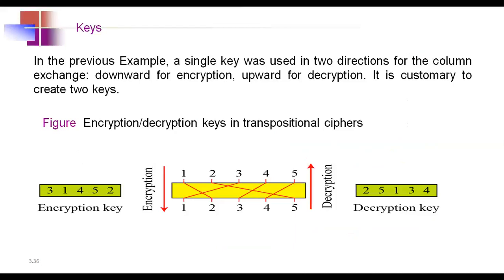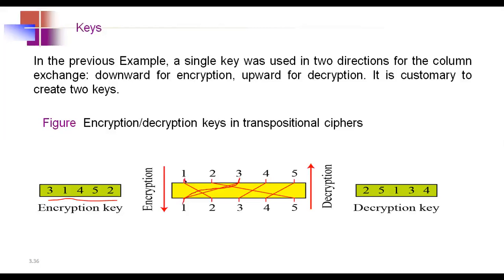So in the previous example, a single key is used in two directions for the column change: downward for encryption, upward for decryption. For example, for the encryption, the key is 31452. That means the first 3 indicates that in the ciphertext it becomes the first column.